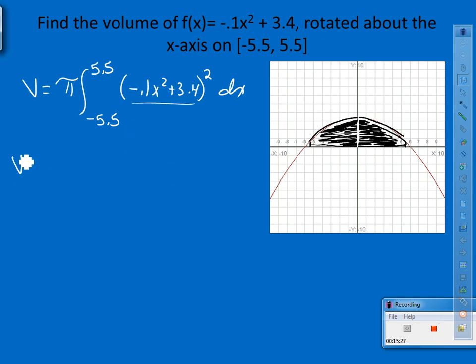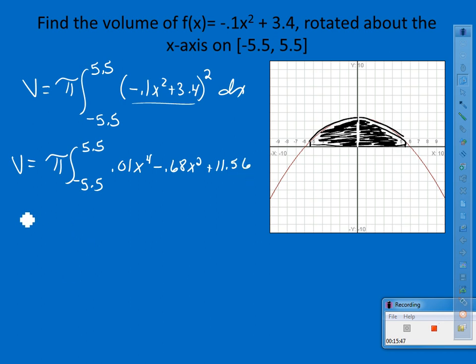So here goes. The volume of this thing is going to be pi times the antiderivative from negative 5.5 to 5.5. When I ran that through and FOILed it out, I had 0.01 x to the fourth minus 0.68 x squared plus 11.56.